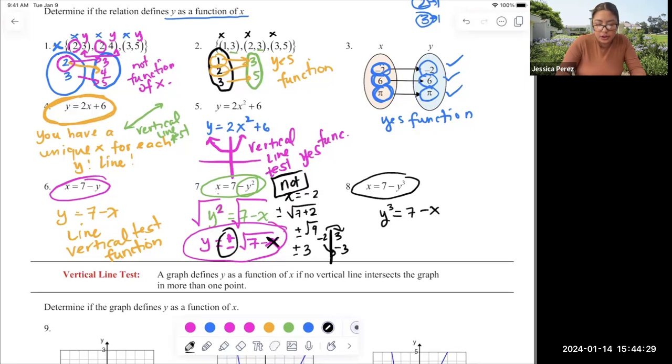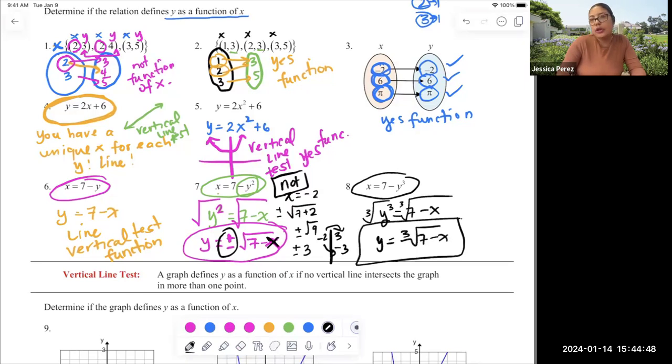Now this one, if you solve for y, you'll get y equals the cube root of 7 minus x. When you take the cube root of both sides, you'll have y equal the cube root of 7 minus x.